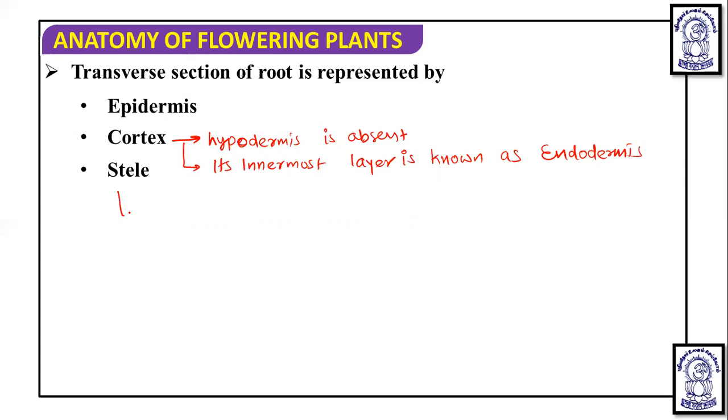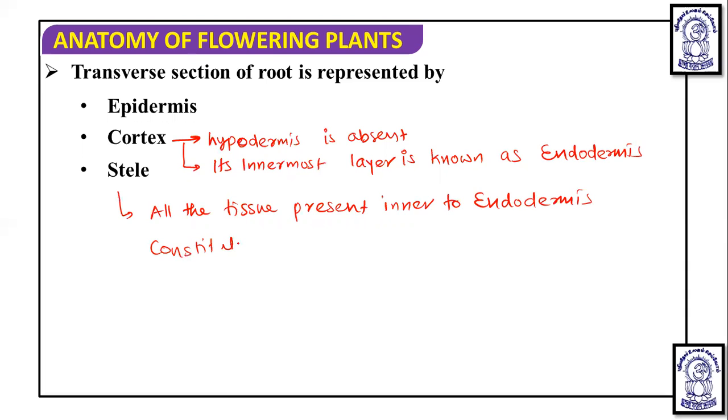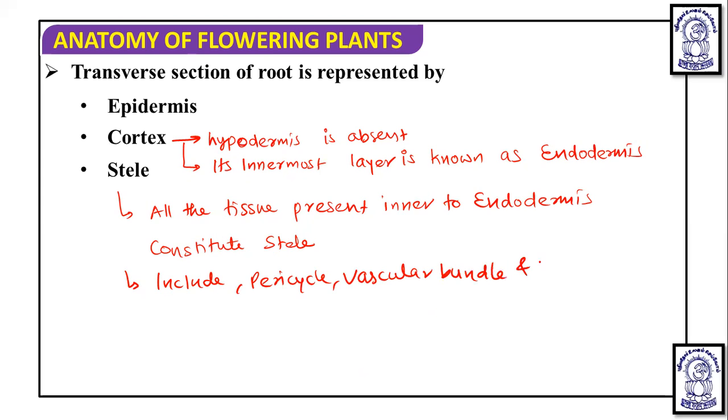And as we have studied, all the tissue present inner to endodermis constitutes the stele. We have already studied that it includes pericycle, vascular bundle, and pith. So this is the generalization which you can see in this particular root.